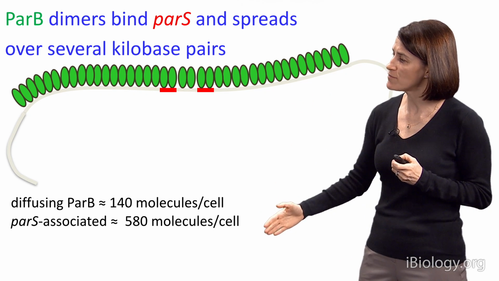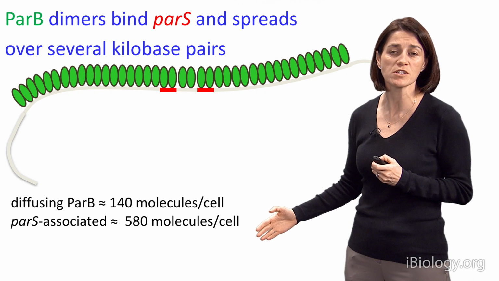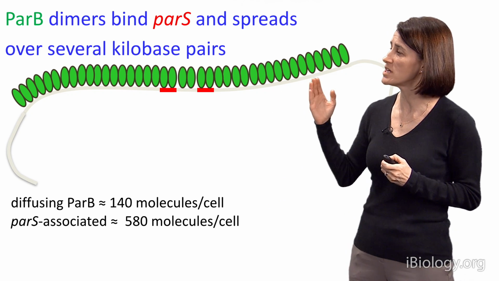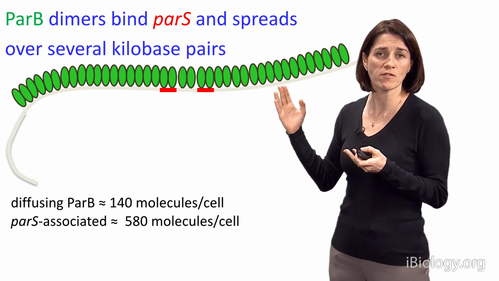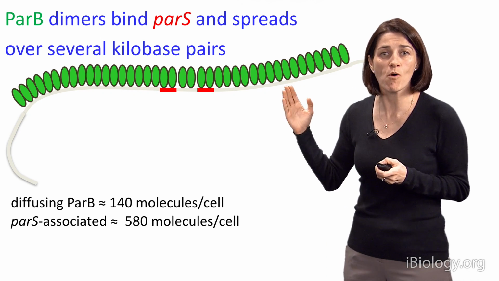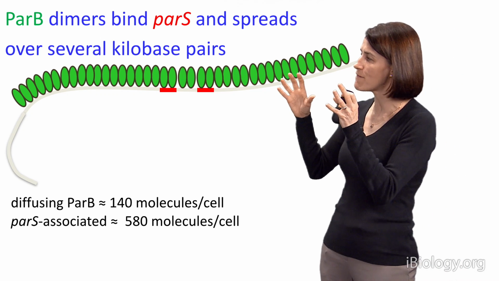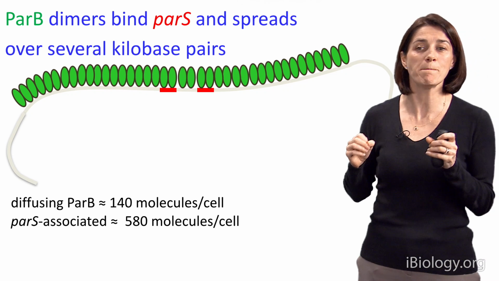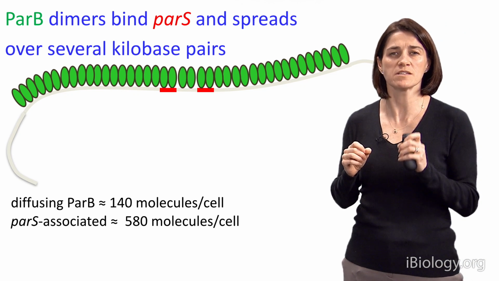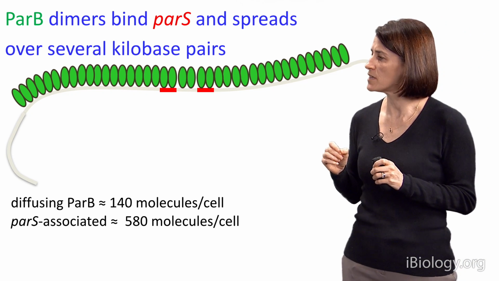So that is roughly 580 molecules of ParB associated with the DNA that is part of the partition complex. This is important because it means you're going to have a very high local concentration of ParB at the partition complex. This is going to become important later on.